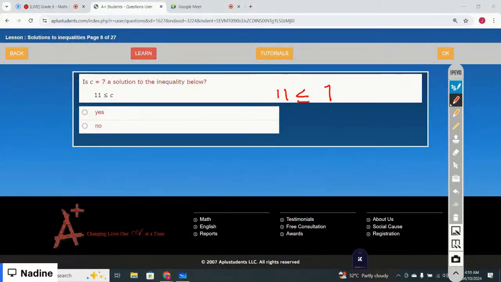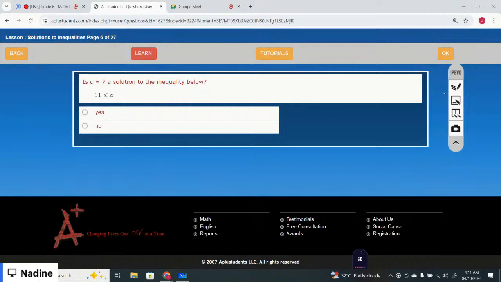Which is the correct option? 11 is less than or equal to 7. Yes, no, it is false. 11 is not less than or equal to 7. So the correct option is no.